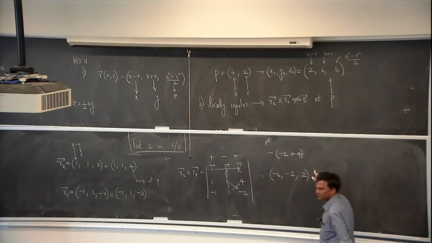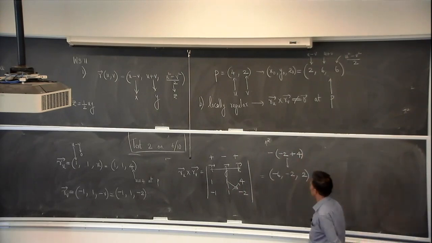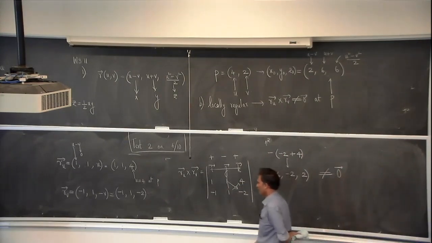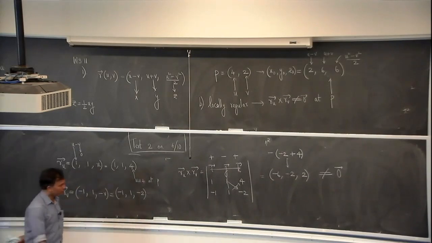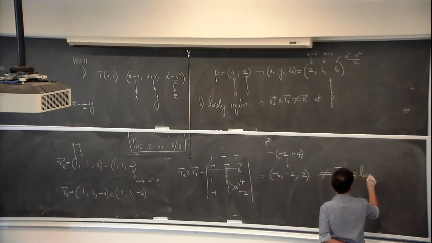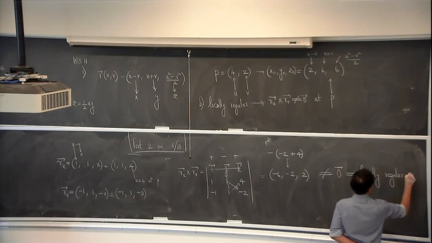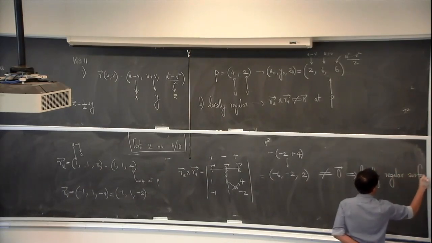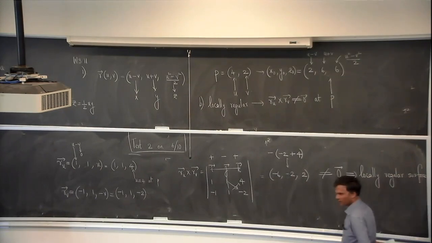It's okay, right? Yeah, that's a misleading term. Either way, it's not equal to 0. That's all we need. So that is what we mean by saying it's a locally regular surface, which means that the surface is well defined at that point. There is no gap or sharp corner there.